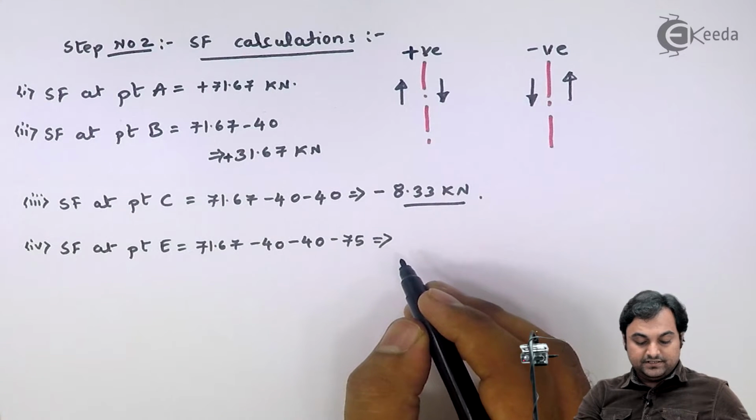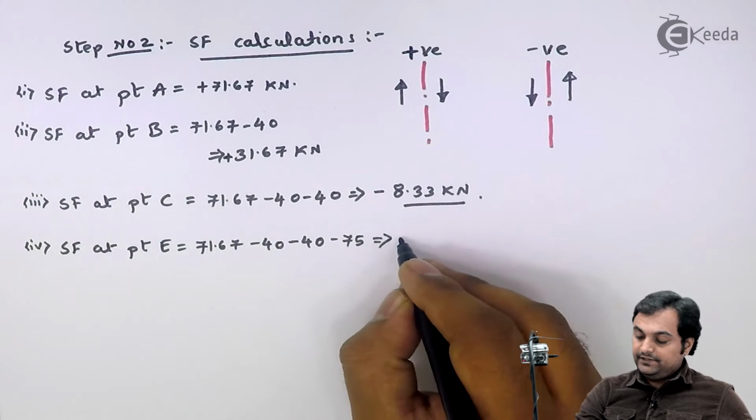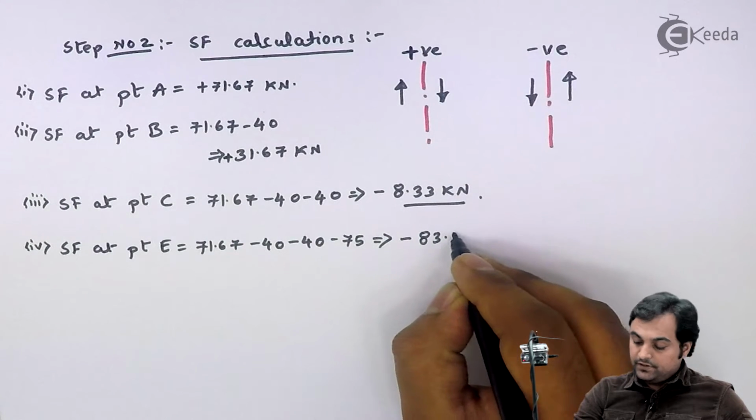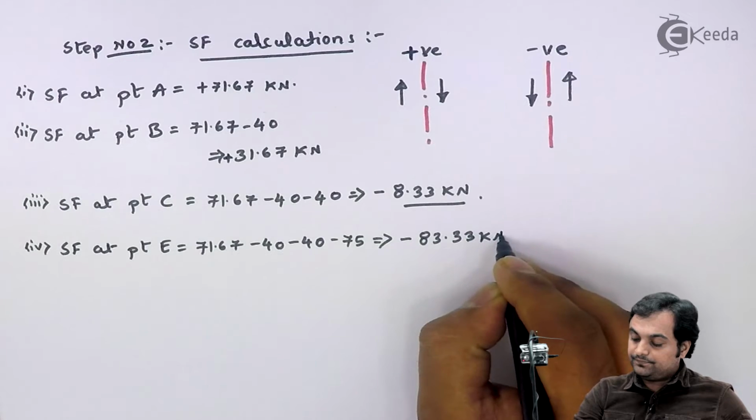So here I get my answer as minus 83.33 kilonewton.